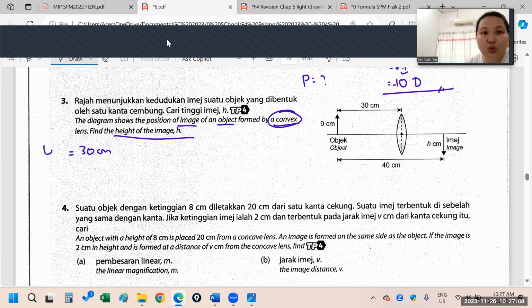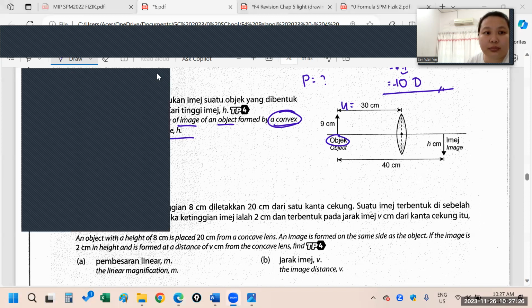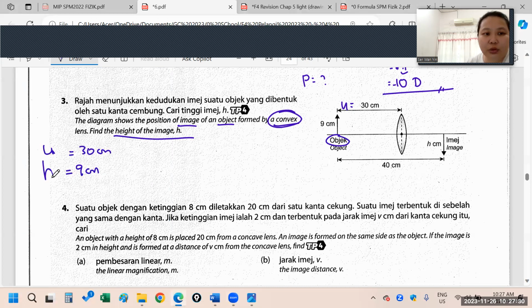Is U. Very good. Thank you, Grace. Okay, then 9 cm is what? What of object? Oh, HO. Yeah, thank you. HO, height of object.